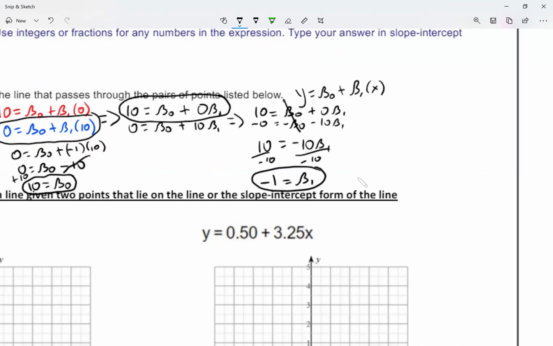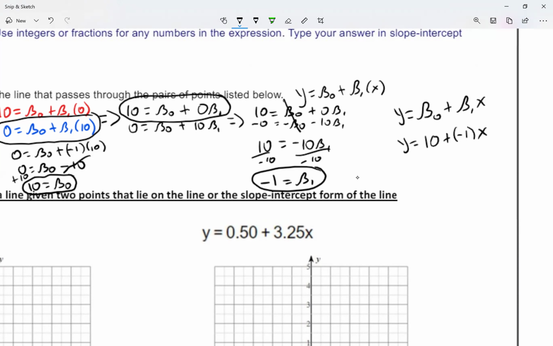But remember, let me rewrite my equation here again. It's y is equal to beta 0 plus beta 1 times x. I know my values of beta 0 and beta 1. So let me write this as y equals beta 0, which we said is 10, plus a -1 times x.